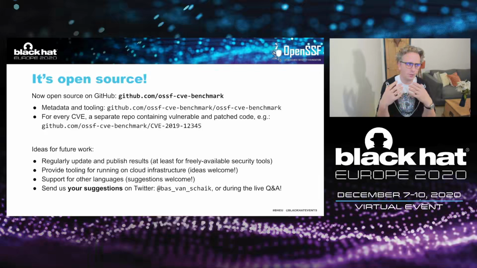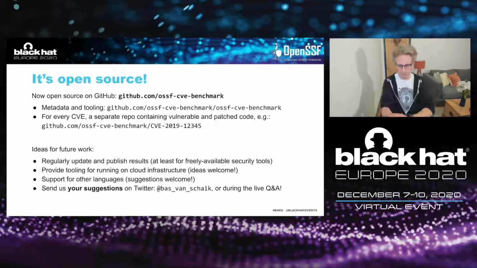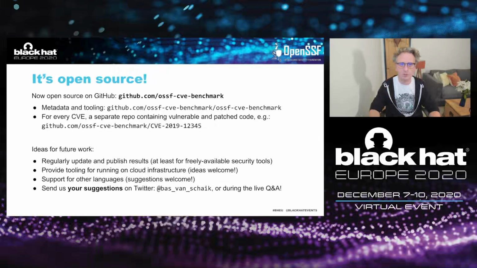We would love to also make it easier for people to run the benchmark against or on cloud infrastructure. Of course, we would like to support other languages, and we're working very hard on that, and suggestions are very welcome. And in general, your suggestions are more than welcome. So please ping me on Twitter, or ask a question, make a suggestion during the live Q&A in a moment.